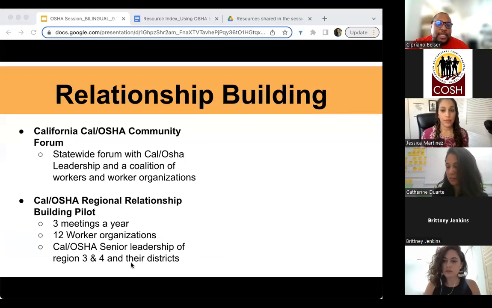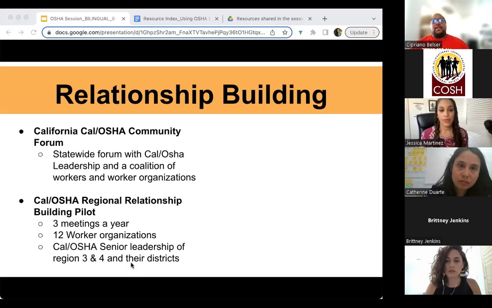For a time we were doing the Cal OSHA community forums. This was a statewide forum where the Cal OSHA leadership, the director of Cal OSHA along with the deputy director, would meet with us, a coalition of worker organizations, and workers themselves from across the state. We would hold these open forums where workers could give their experiences in dealing with Cal OSHA and with the health and safety violations in their workplaces.